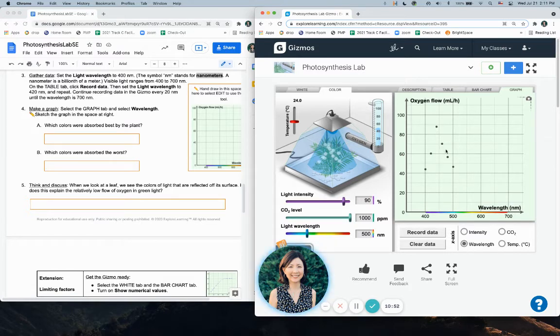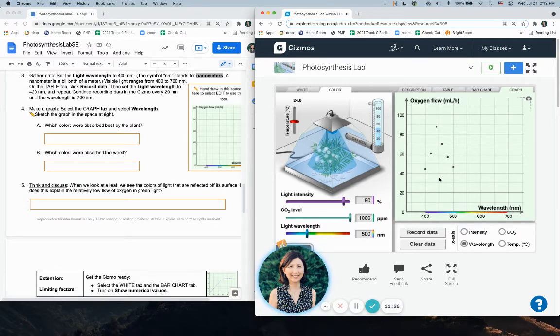So this area, these colors are absorbing the light better than what's coming up here, these colors. So when the plant is absorbing the light, it's producing a lot of oxygen, which is why it's very high here. But as it's going down, and it looks like not a lot of oxygen is going to be produced over in this section, that is not going to be absorbed.